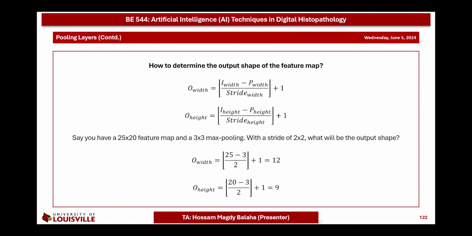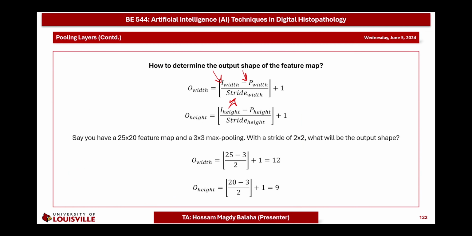Similar to the two formulas that determine the output shape of the feature map for the convolution layer, for the pooling layer you are omitting the padding. So the equation will be the input width minus the pooling window width, divided by the stride, and the height will be input height minus the window height, divided by the stride. You then round these two numbers down and add 1 to the output.